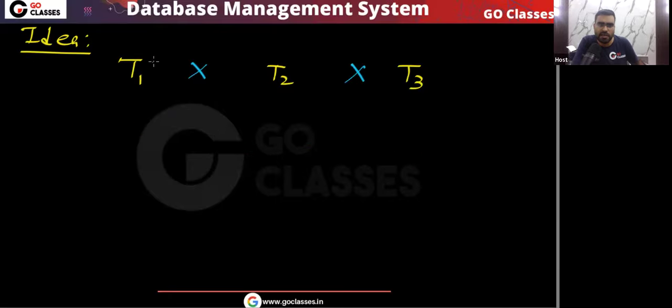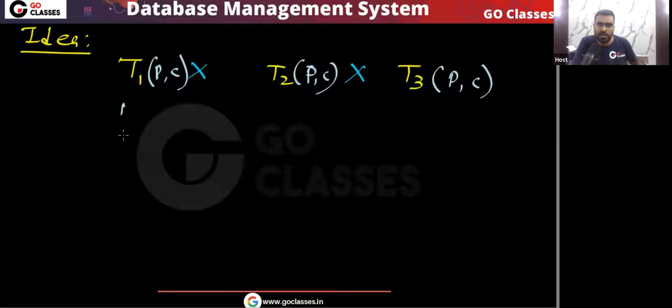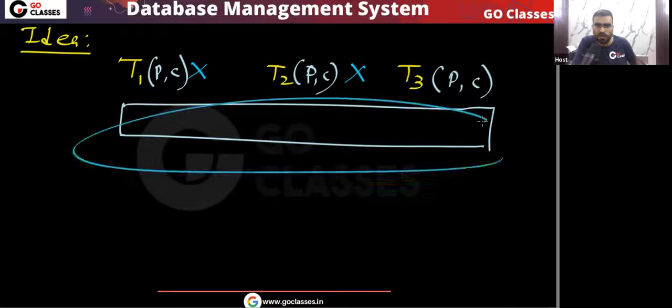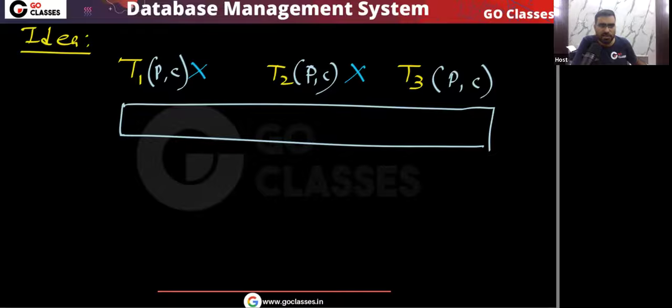In T1 there is person, city. In T2 there is person, city. Here also person, city. In this cross product I am looking for a tuple where the city must be the same.